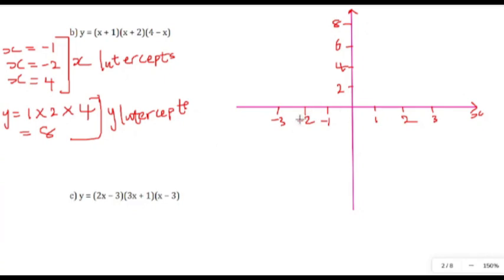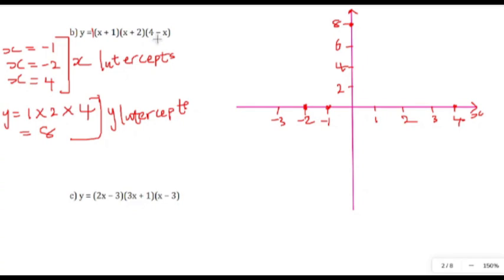Our intercepts are at -2, so this is a point we're interested in. Okay, so we have our points. These are the intercepts: -2, -1, and 4 on the x-axis, an intercept of 8 on the y-axis. Now we see that there's an issue here.